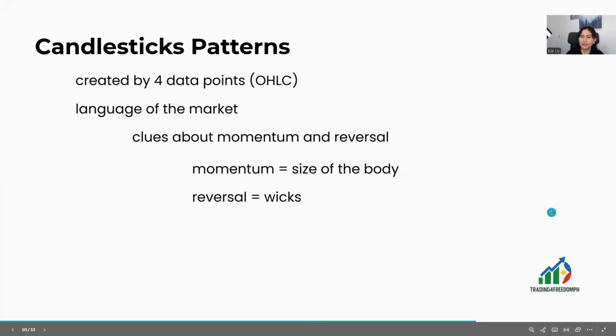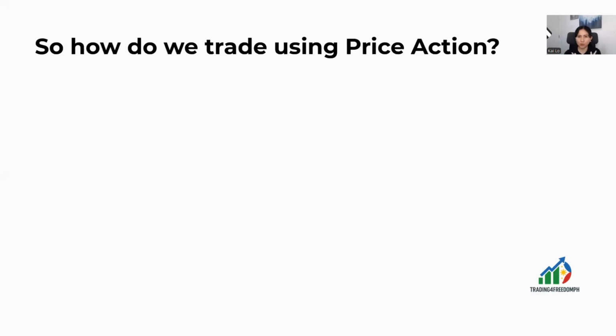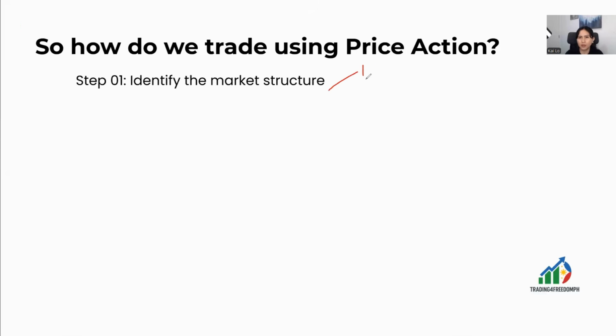Okay, so now let's put everything in perspective. Overall, guys, how do we really trade with price action? It's basically this. Step 1, we identify the market structure, and there are only three: either uptrend, downtrend, or sideways.